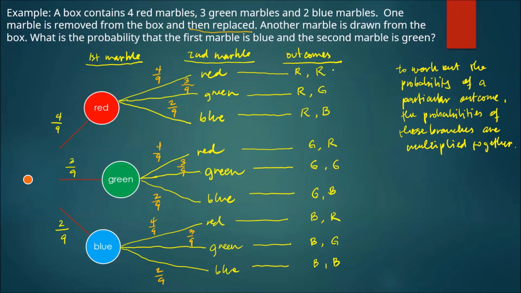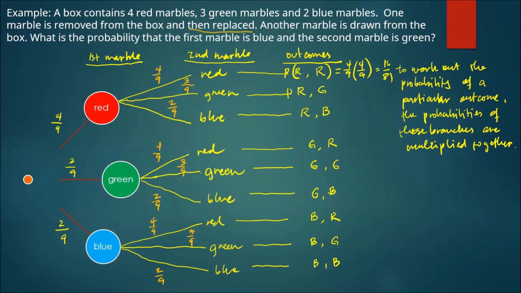Okay, so the probability that our first marble is red and our second marble is red is going to be 4/9 times 4/9, or that will be 16/81.